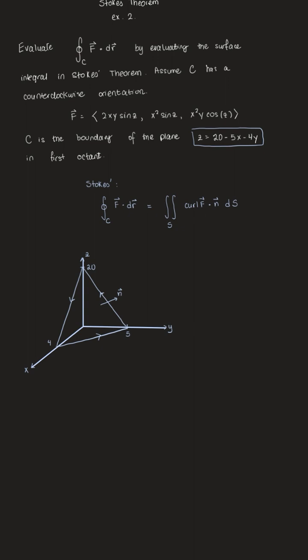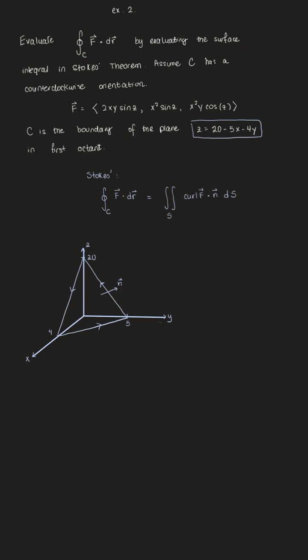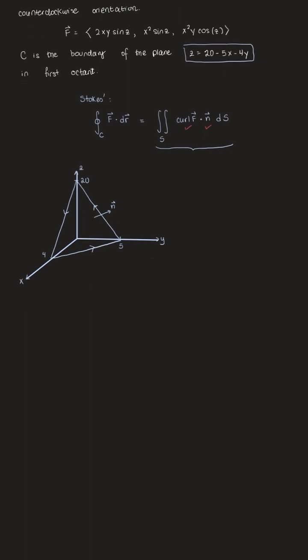All right. So we have our orientation. Let's think about what we need to do. If we need to evaluate the surface integral, we're going to have to find the curl of F, and we're going to have to find the normal to our surface. We can get the normal right away because we have an explicitly defined surface. The normal for an explicitly defined surface will be negative partial of z with respect to x, negative partial of z with respect to y, and 1.